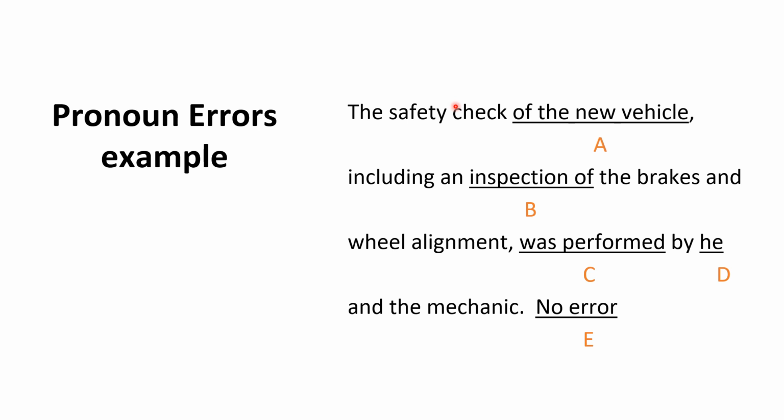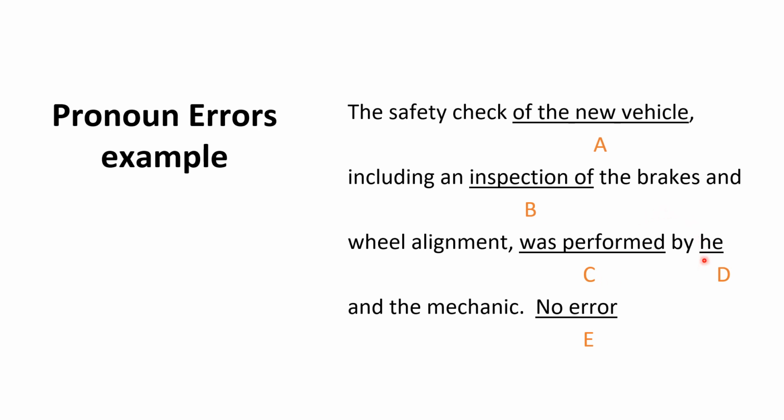You have learned in the preliminary period that this part, including an inspection of the brakes and wheel alignment, is an extraneous detail, which is usually just confusing beginners of subject-verb agreement rules. So you should exclude this, never mind this, because what comes after it is a verb that should be agreeing with the subject. The subject is singular, safety check. Look at your verb, was, singular as well. So the agreement is all right. So nothing wrong with subject-verb agreement.